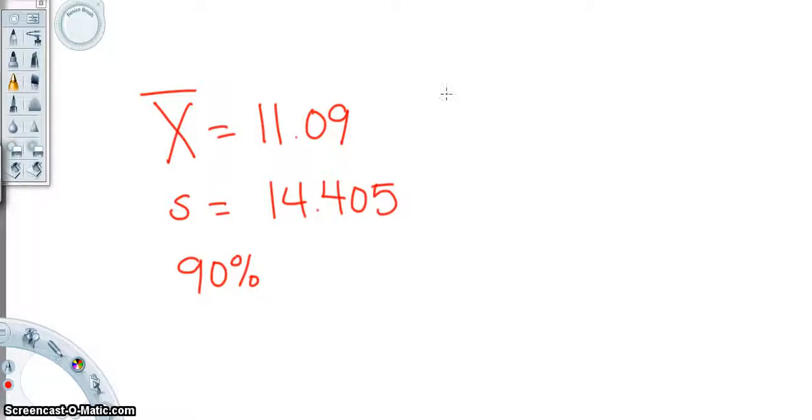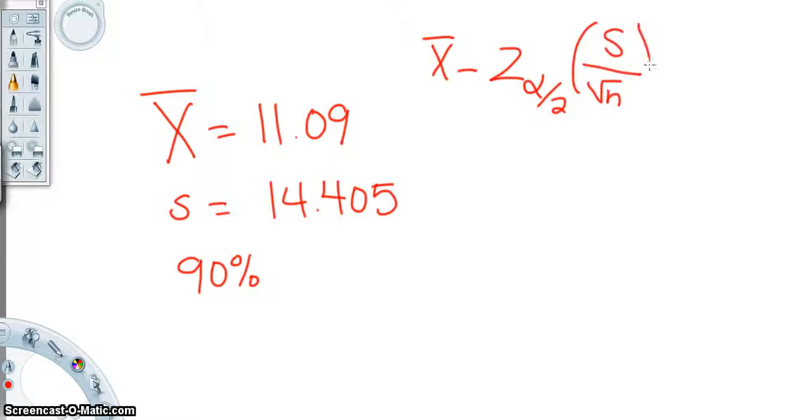So we're looking at the formula, x bar, subtract z sub alpha over 2 times your standard deviation divided by the square root n of your sample size. And remember that is less than the population mean.